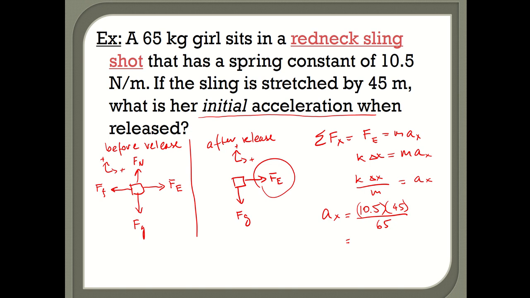So 10.5 times 45 divided by 65, we get 7.269 meters per second squared, but we're going to round this to 2 sig figs, so 7.3 meters per second squared.